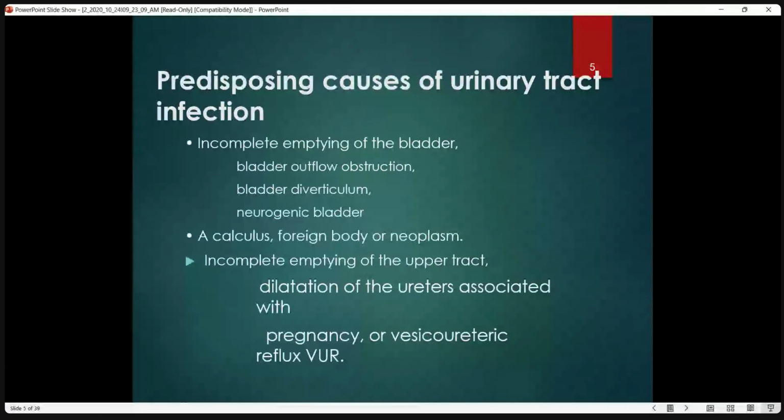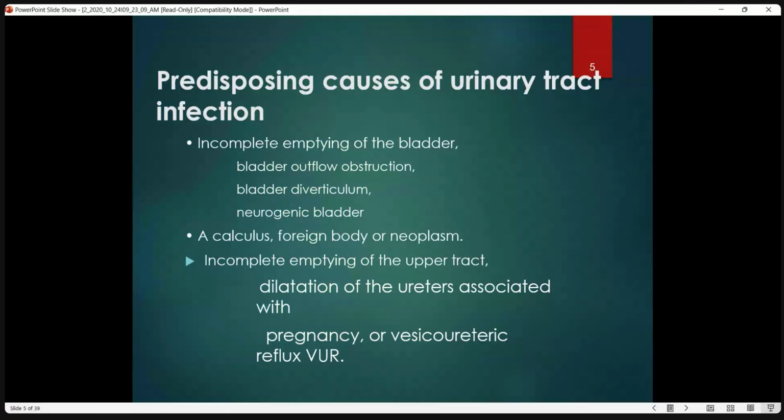There is something that has blocked it or it has become narrow at some point, or it is old age, so that pressure is not really coming out as it should. And then bladder diverticulum, and then we have neurogenic bladder.